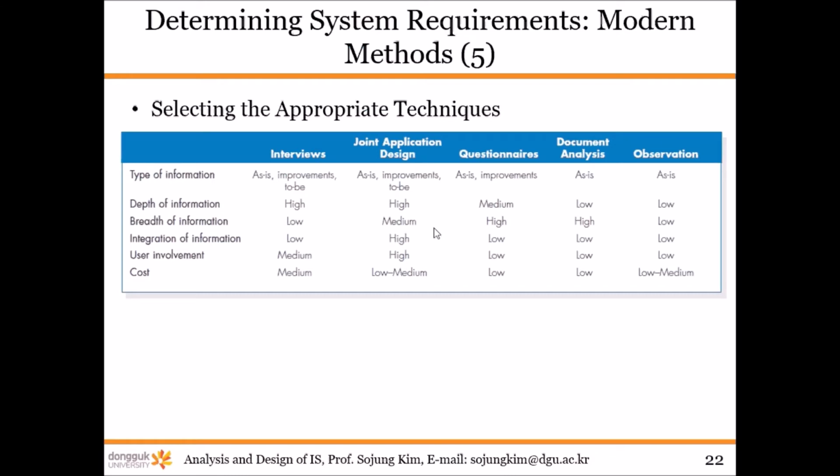So JAD has these kinds of advantages in terms of the six categories shown here. The type of information: JAD is like an interview, and will provide a bunch of information on the as-is system, improvements, and the to-be system. Depth of information is high, because you are communicating with experts in the meeting.